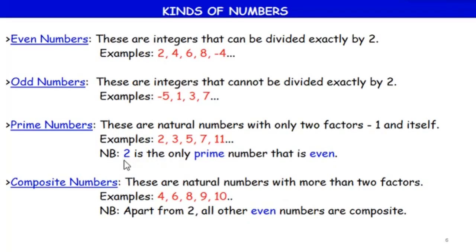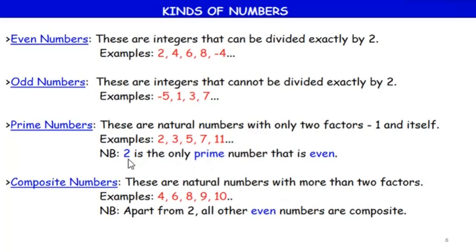And take note of this important point. 2 is the only prime number that is even. Apart from the number 2, there is no other even number that is prime.